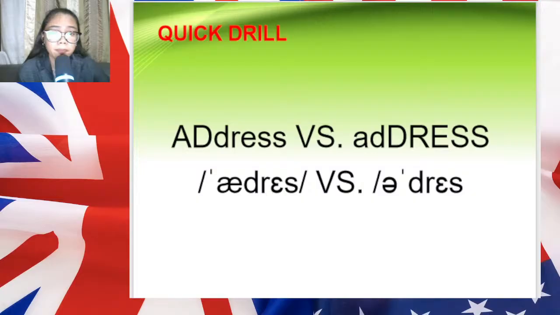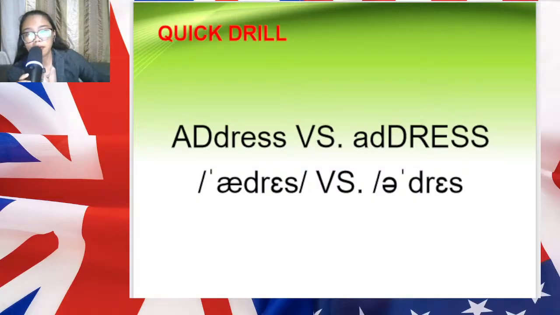And remember on our discussion yesterday, the verb is usually what? The verbs, their pronunciation usually focuses on stressing the second syllable. So here, the second syllable is dress, so we stress that. We say address. Okay? Now here, it means to speak to or to deal with something. That's address in this case.